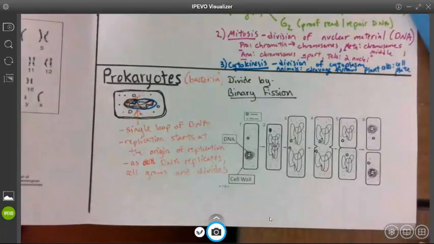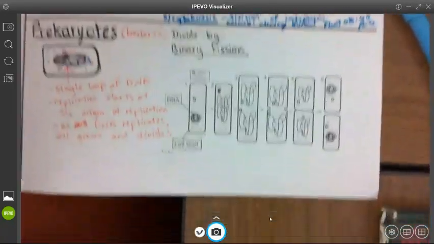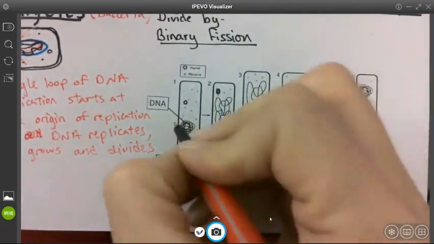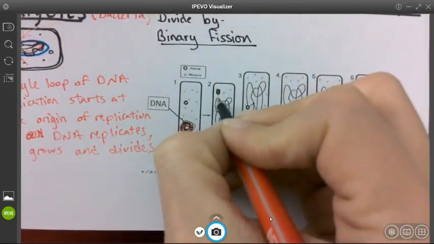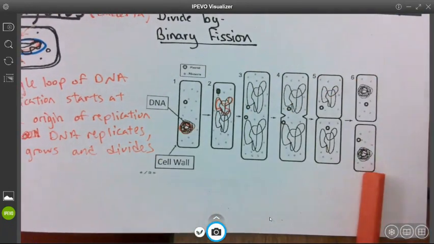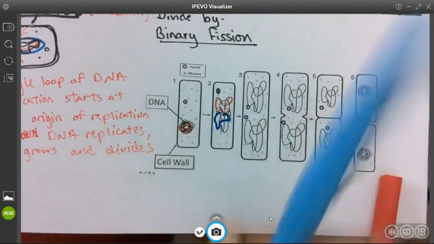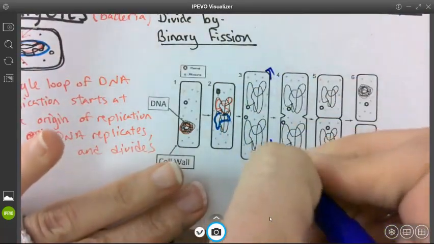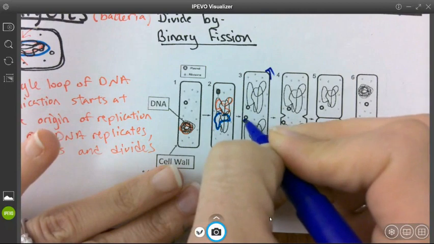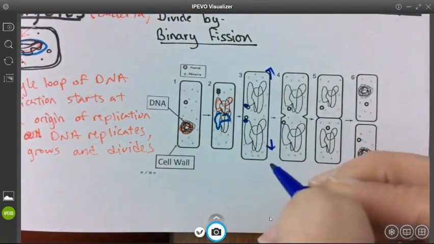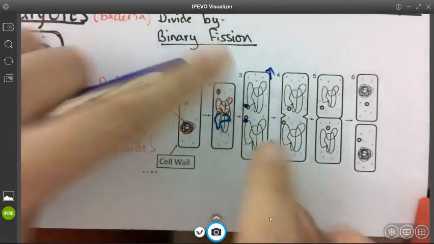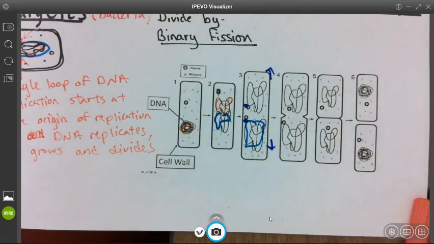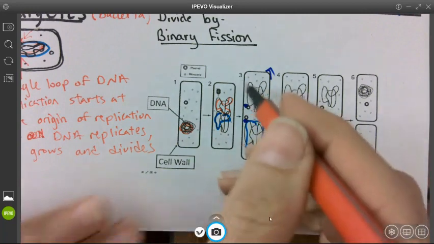And you can actually see this over here, right? Binary fission. Here's the original loop of DNA right here. It starts to be replicated, right? Then as it's replicated, the cell grows, and oftentimes that bacterial chromosome kind of anchors itself on part of the bacteria. And so as the cell grows, the two chromosomes that are identical to each other move apart.